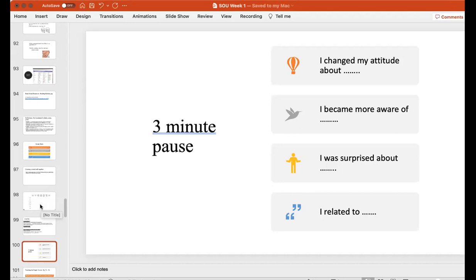Anybody else that I didn't call on who wants to share? Please, Kaylee. So I replied saying that I became more aware of how, like Raven said, the mouth can move in so many different positions, and how we're not really aware of it.